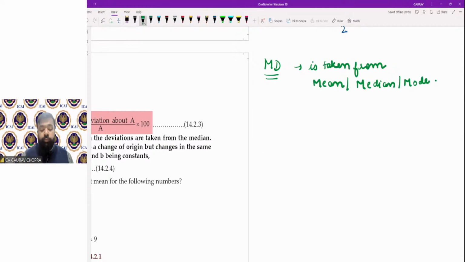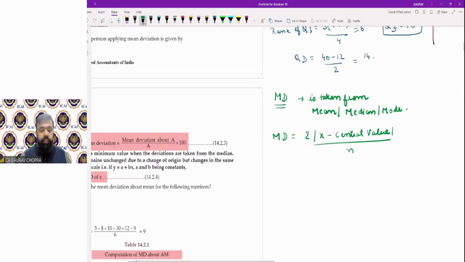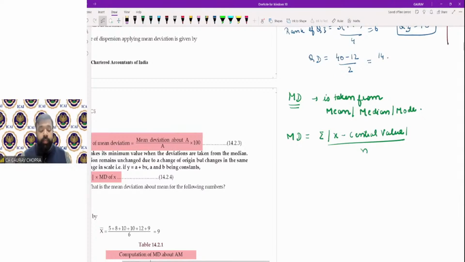So what is the basic formula for the mean deviation? So mean deviation is equal to sigma mod x minus central value upon n. Sigma mod x minus central value upon n.